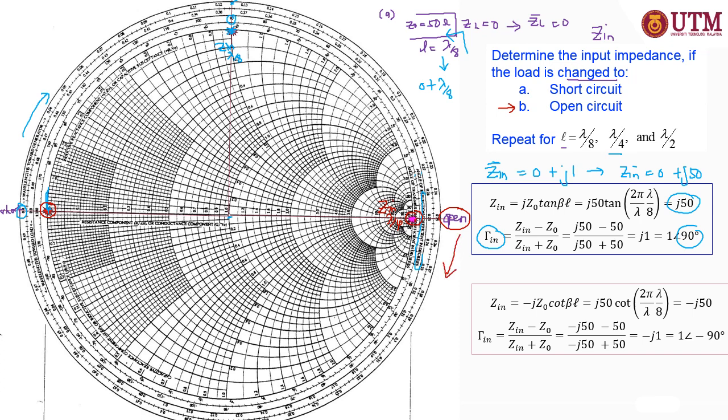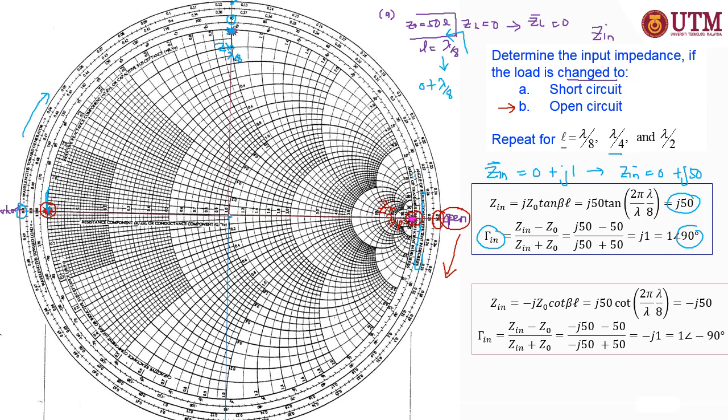So if it is lambda over 8, at this point, towards the generator, it's 0.25 plus lambda over 8. I can't see the scale clearly, but it's 0.375.